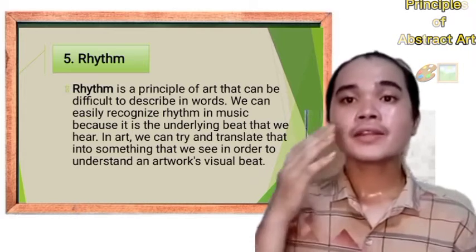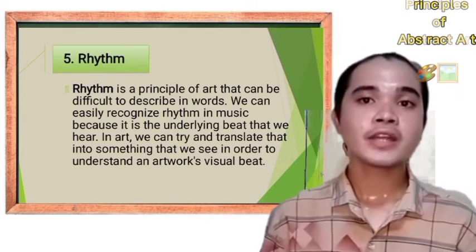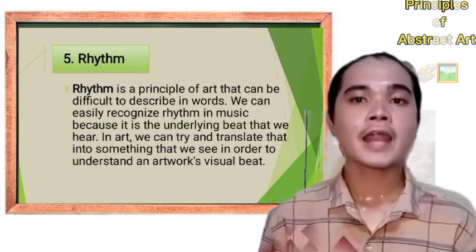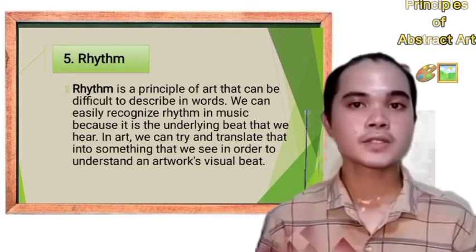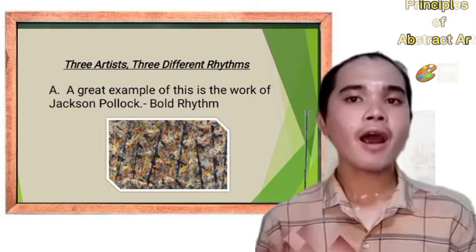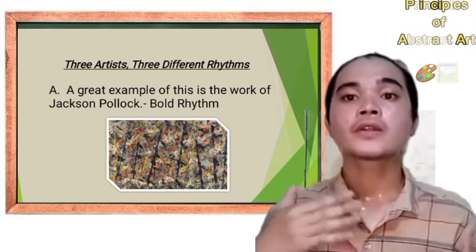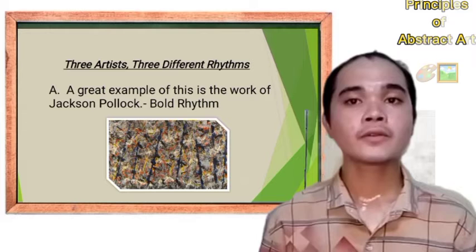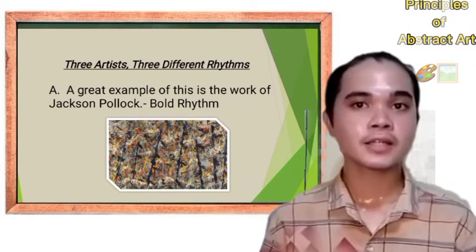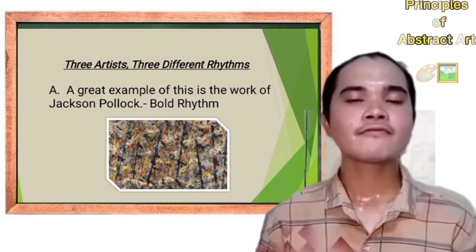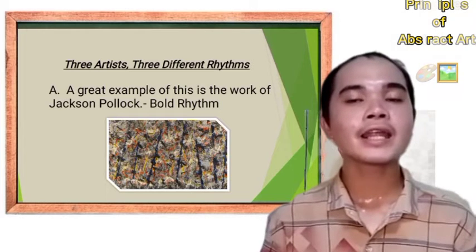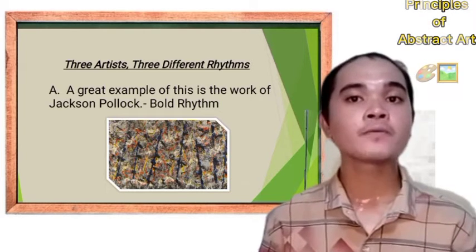Yet, if we study art, we can find a rhythm in a style, technique, brush strokes, colors, and patterns that artists used. So we have three artists and three different rhythms. A great example of this is the artwork of Jackson Pollock. His work has a very bold rhythm, almost chaotic, like what you might find in electronic dancehall music.